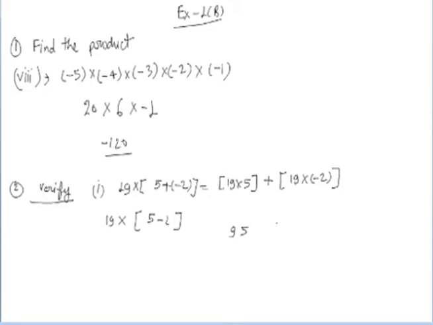And this is plus minus, first take the bracket, plus 19 threes are 57 and minus 38.